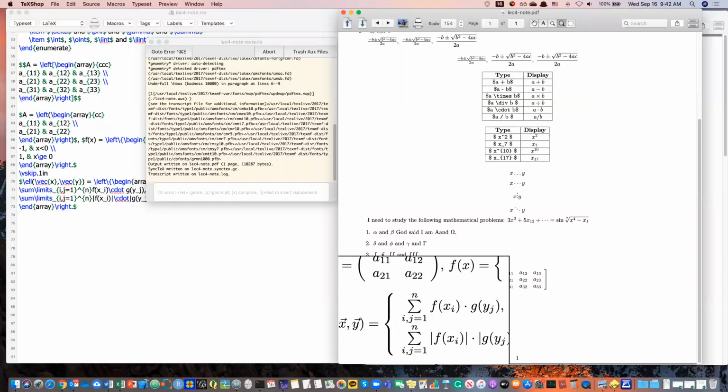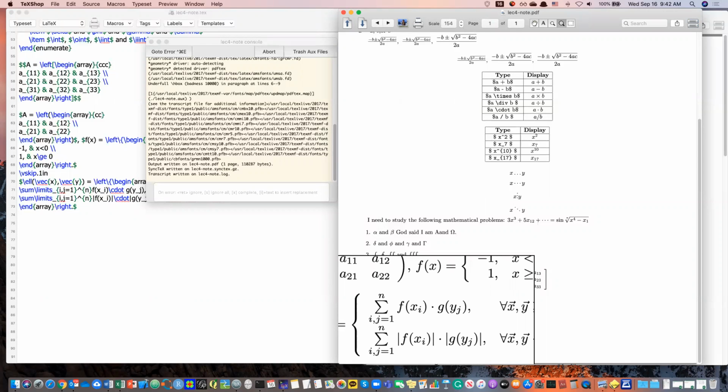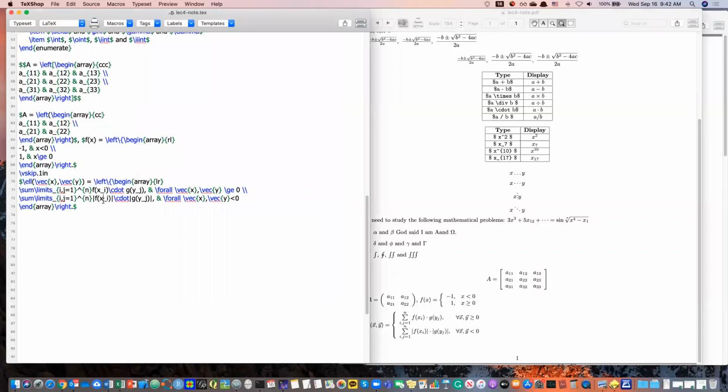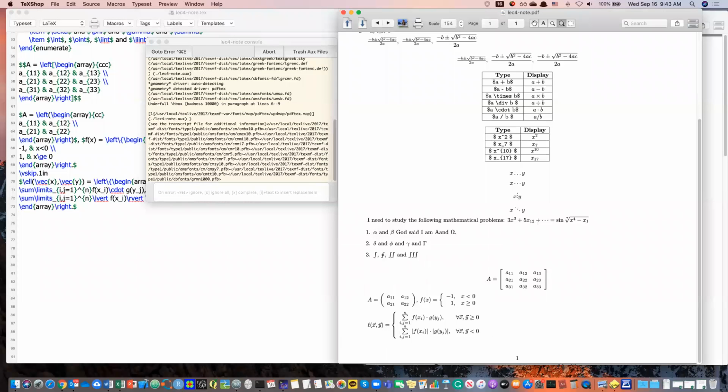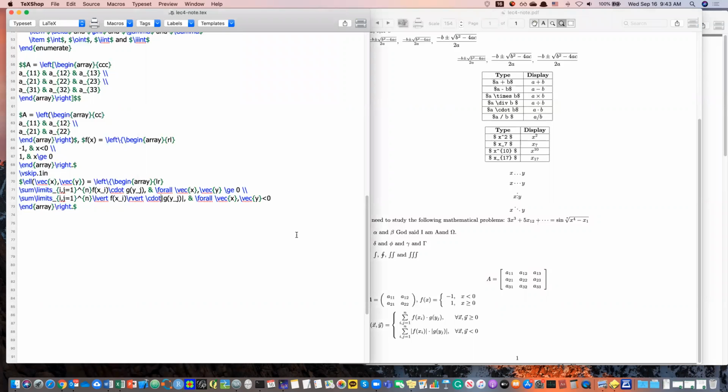Now next one. There is another way to express the absolute value symbol instead of just the vertical line. You put the L VRT, and then R VRT. Let me change this one to L VRT and then R VRT.